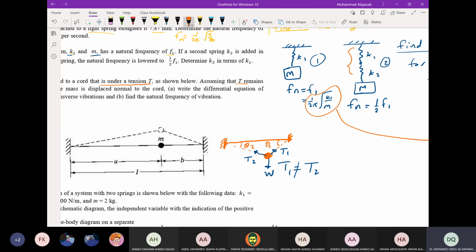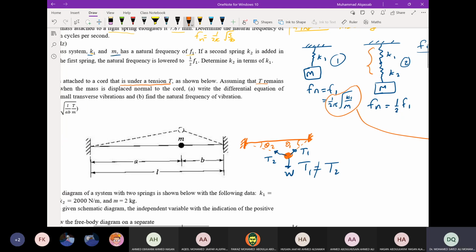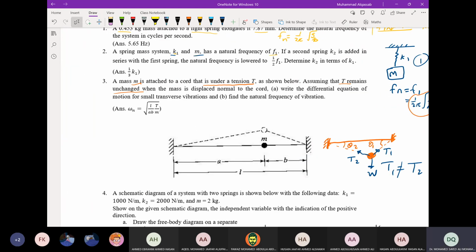By knowing that the mass is light, or that the deflection here is very small. If you take theta1 very much less than 1, and theta2 very much less than 1, then you can say that T1 equals T2 equals T.